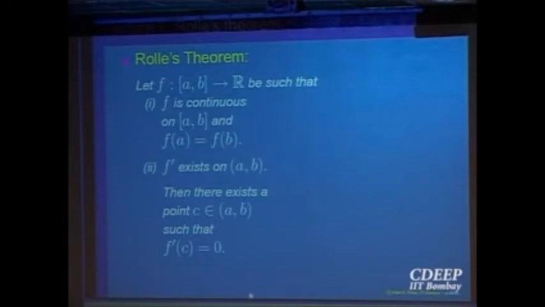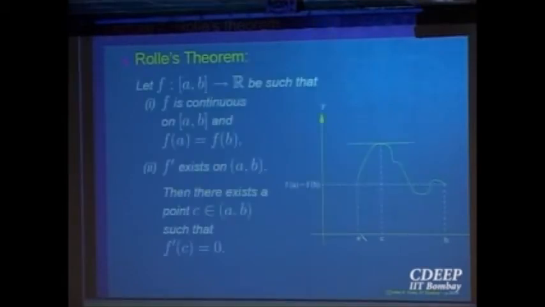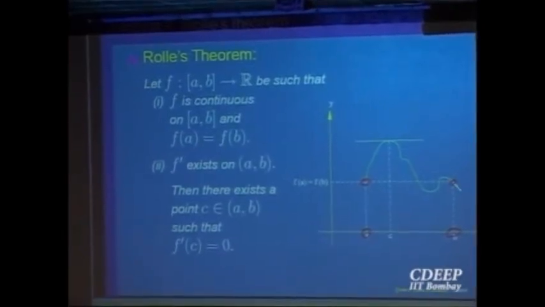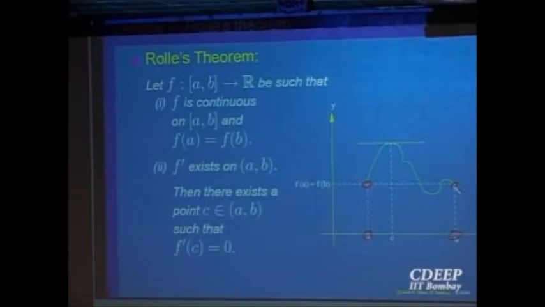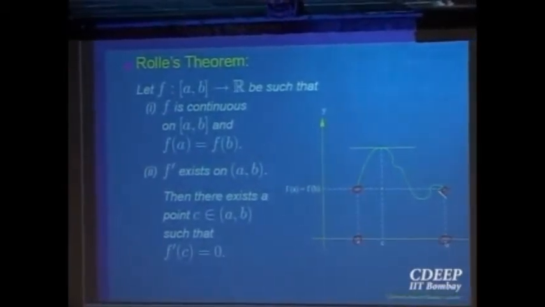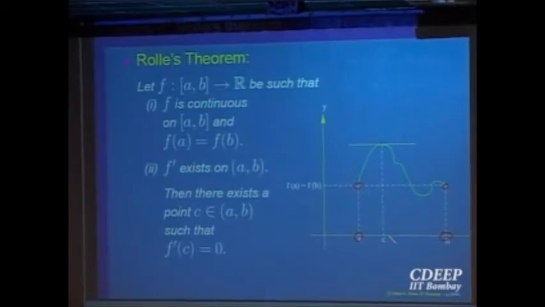Geometrically it's quite obvious, so let me just draw the picture. So this is the point A, this is the point B. At the point A the value is f of A, at the point B the value is f of B. If from here to here you have to go in a continuous fashion, either you can go straight, it's a constant function, then there is no rate of change and the derivative will be 0, or you will go up or you will start going down.